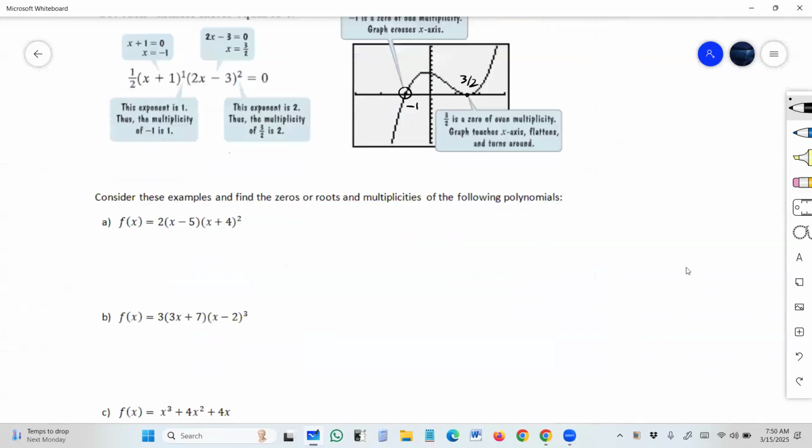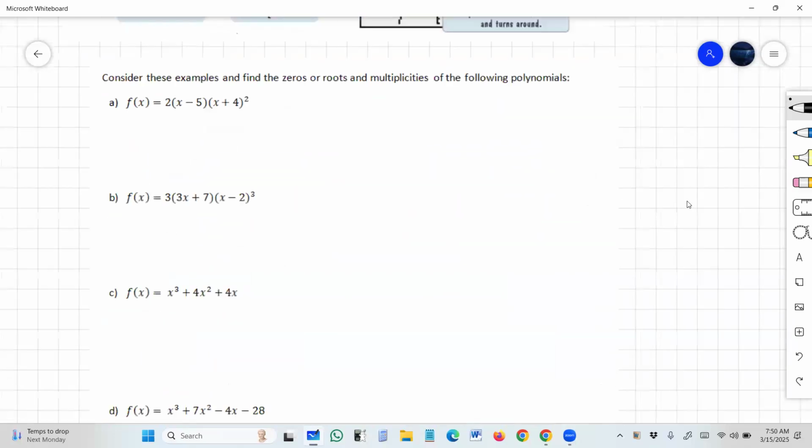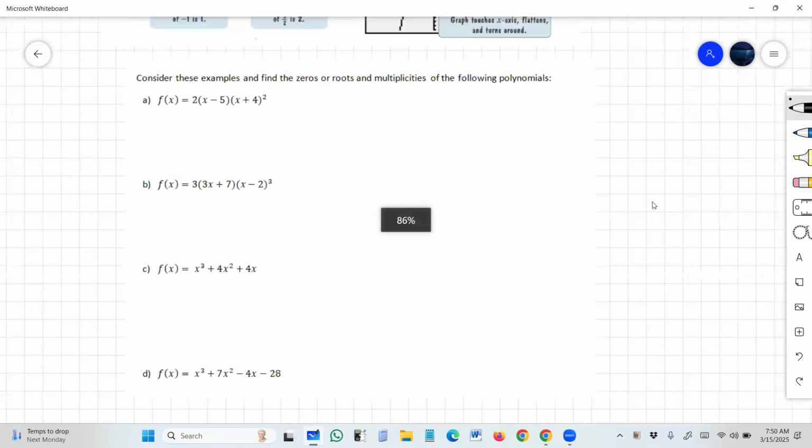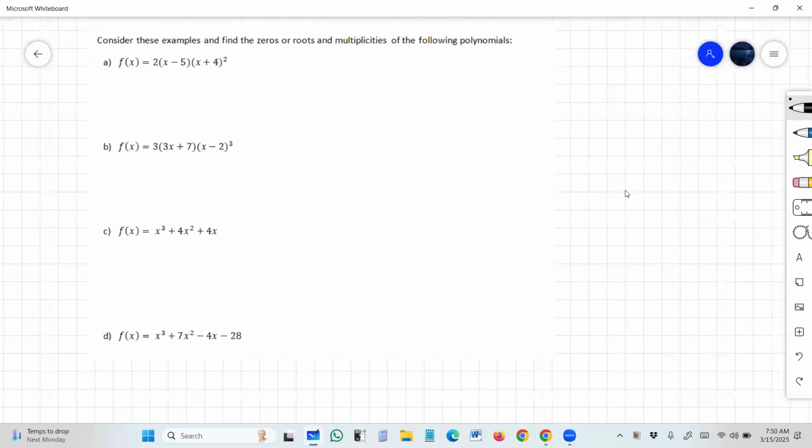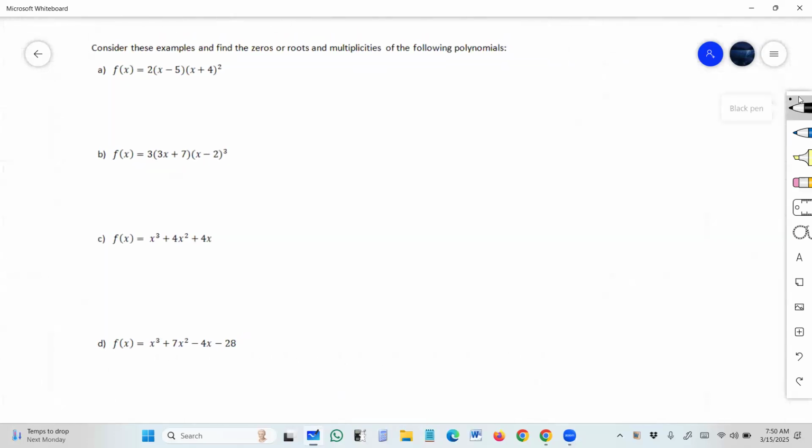All right, so now I have a couple of examples for us. And I have four examples. These are all very good because these are all the possibilities that we can have. We can have the first two cases.